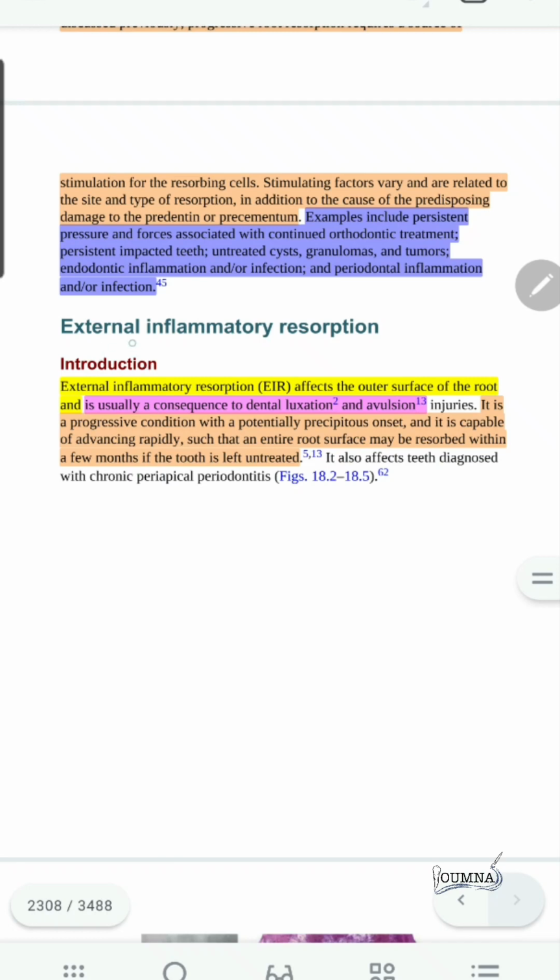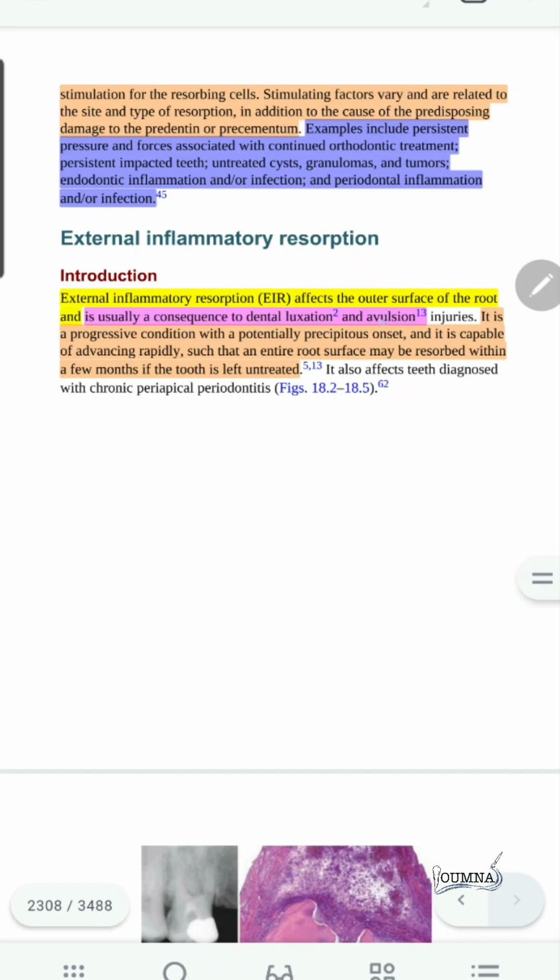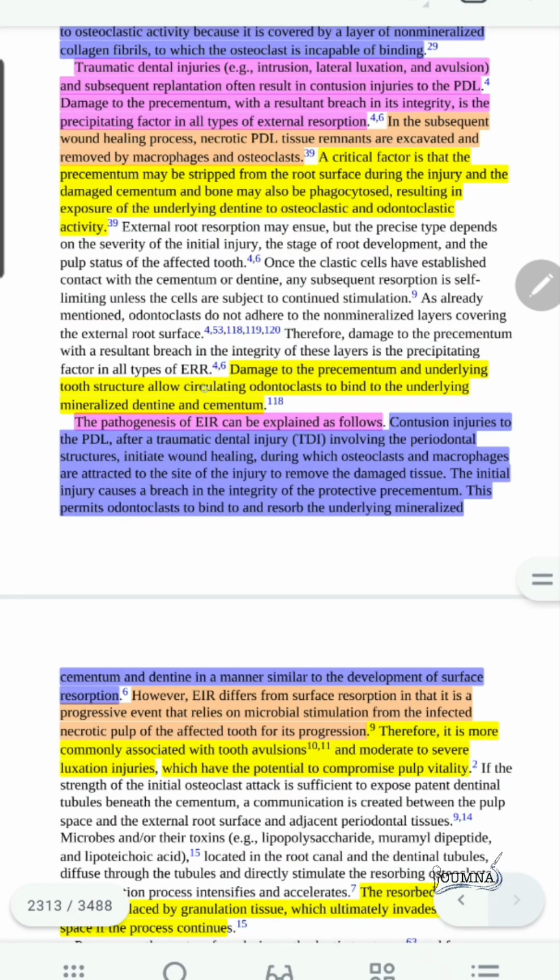Today, we will talk about the external inflammatory resorption that is usually associated with dental luxation and avulsion. When these happen, the periodontal ligament gets infected and damaged, which initiates the wound healing, in which the osteoclasts and macrophages are attracted to the site of injury to remove the damaged tissue.